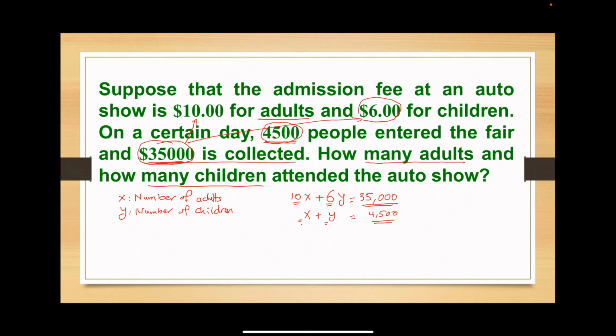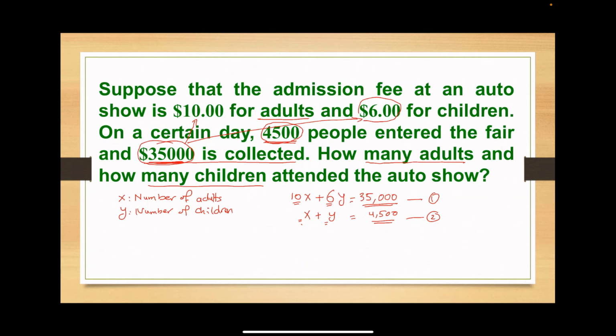In the first equation, I'll call it equation number 1, we need the number of adults times the cost plus the number of children times 6, which is the fee for entering this auto show.